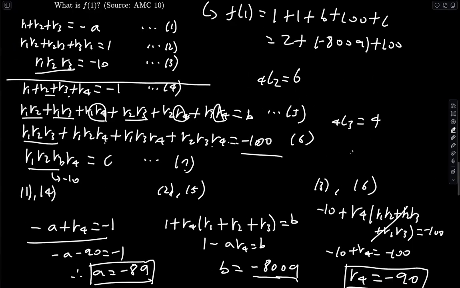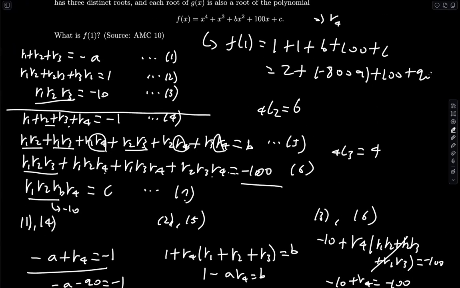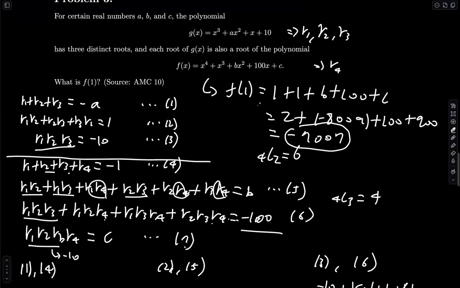I think c was 900. So our final calculation will lead to negative, we subtract 1000, so we get negative 7000 and 7. This is the value of f of 1. So our answer is negative 7007.